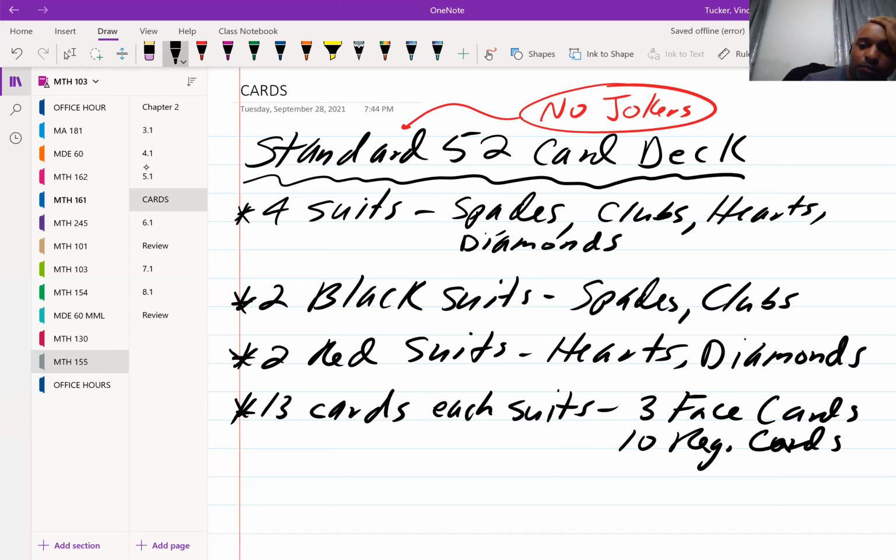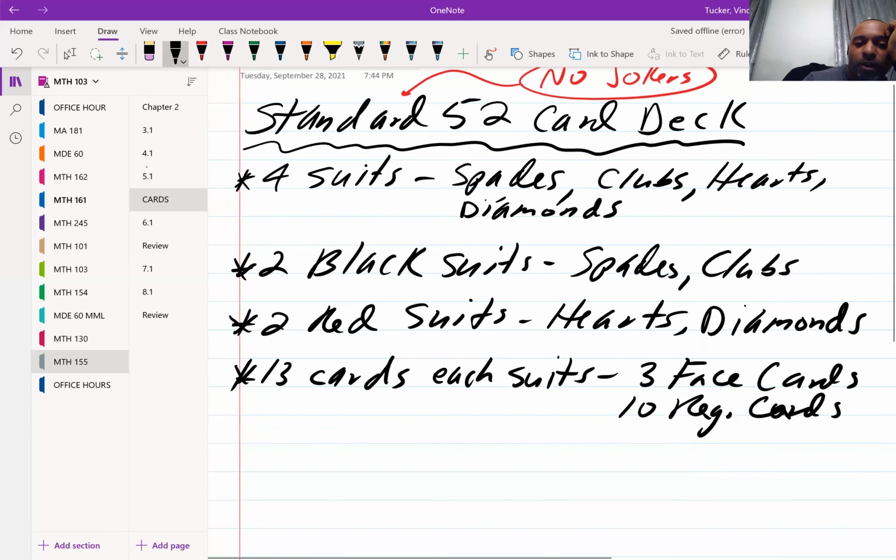So REG is just regular. I'm just gonna call them regular, even though ace is not really regular, but it'll be all right. Each suit.